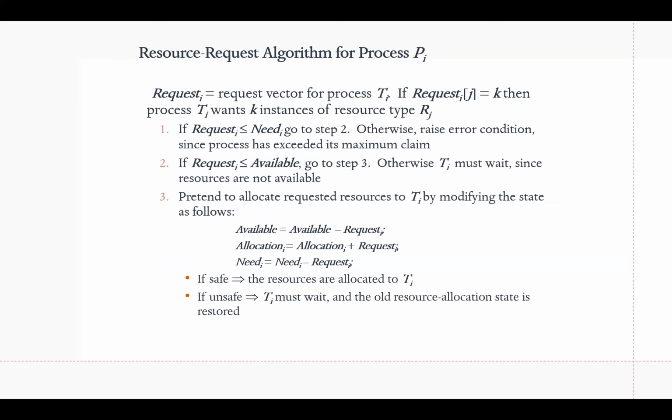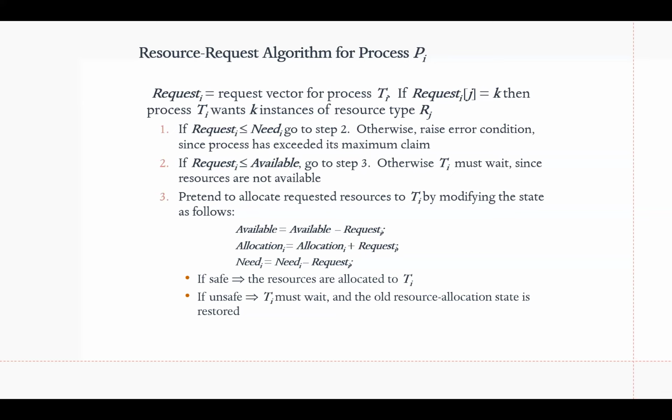Now we'll see the second algorithm, that is the resource request algorithm for the process Pi. Whenever any particular process requests some resources, before allocating the resources we first execute this algorithm to check whether the allocation of these resources to the process Pi will leave the system in a safe state.